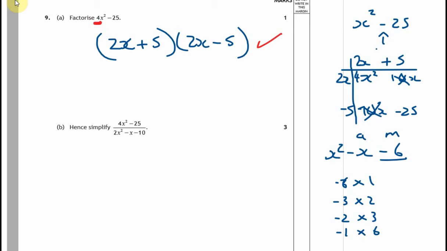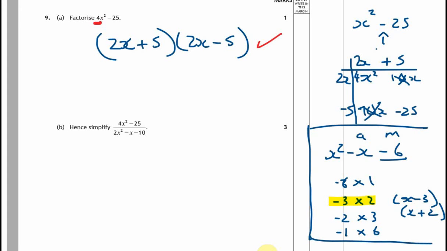Just write down all your factors, and then ask which two numbers add to give me minus 1. There we go. For that case, we know we're going to have x minus 3 and x plus 2.